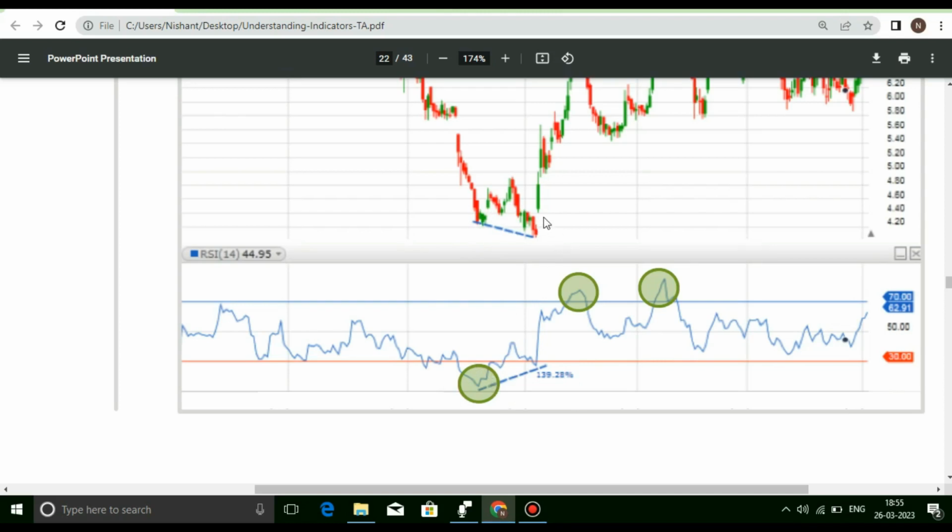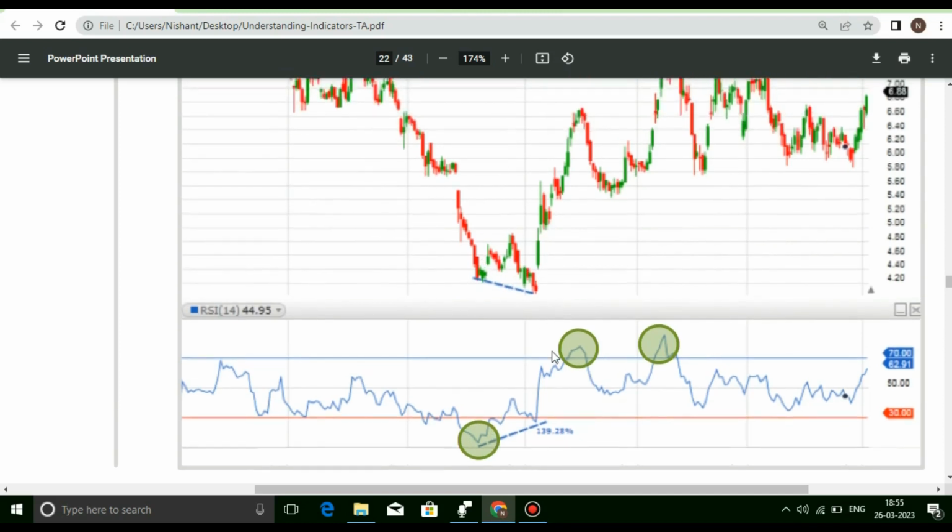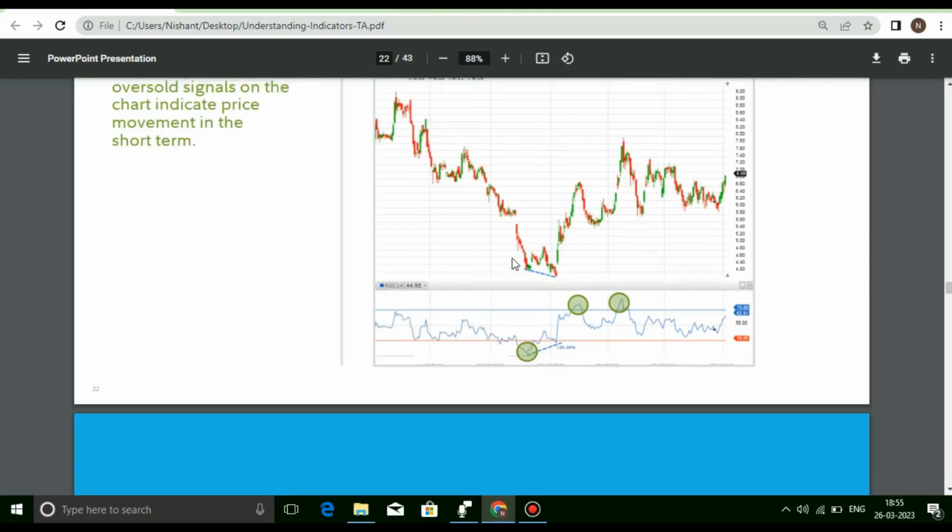And after that, the trend reversal has happened and the price movement has followed the indicator movement. So always go for indicator movement, and divergences are one of the best situations where you can make a lot of profit. So let's move on to the next indicator, guys.